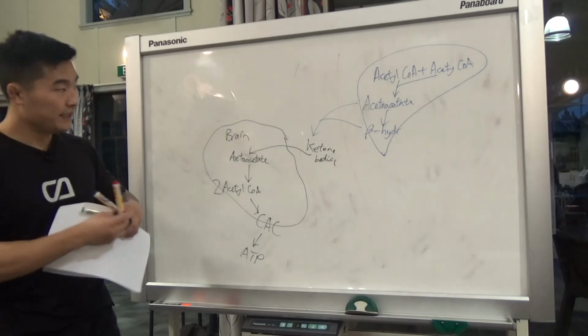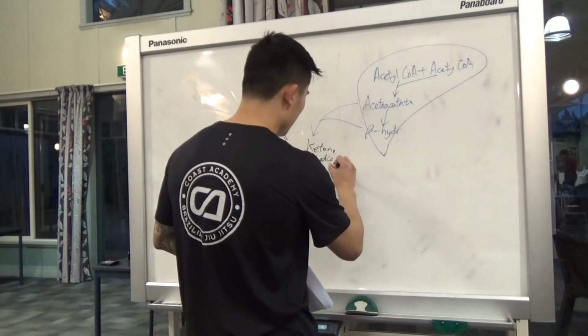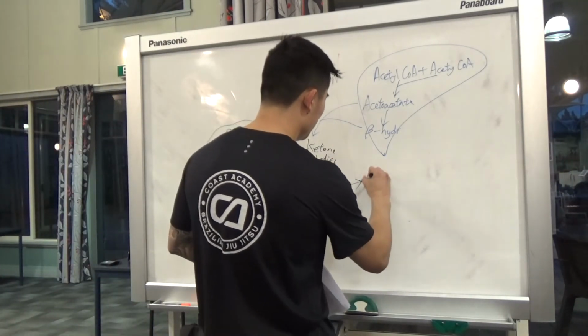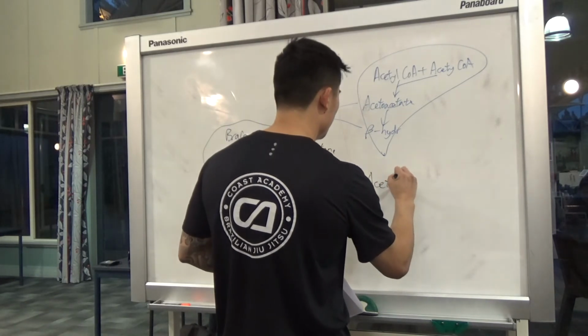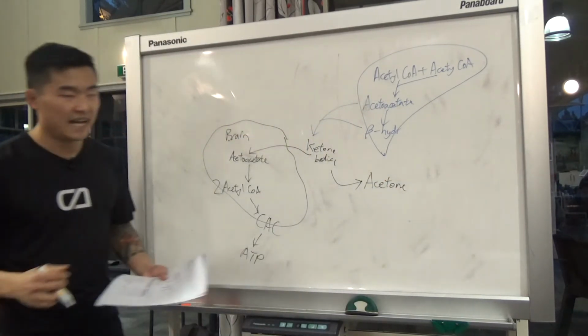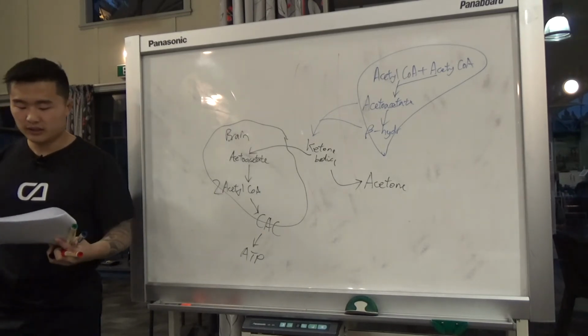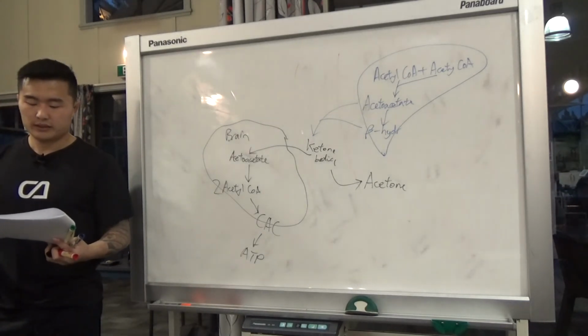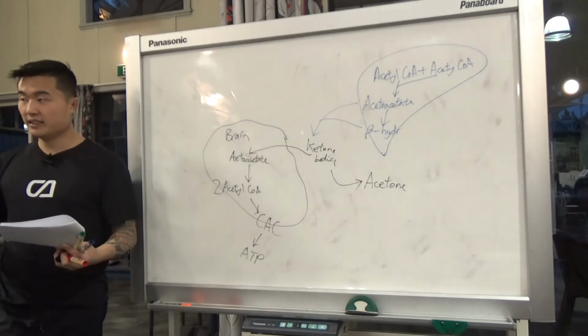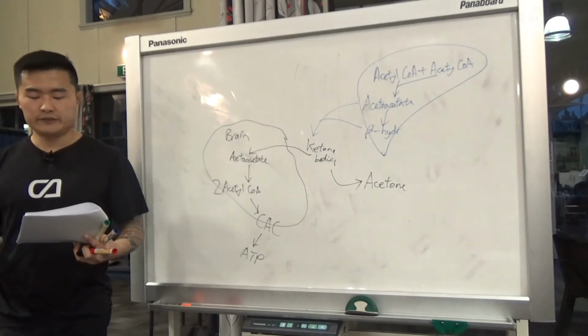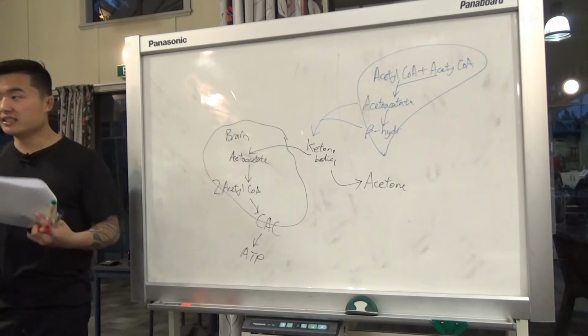So these ketone bodies can break down and give off something called acetone. So acetone can be exhaled in the lungs, and it gives your breath a fruity smell.